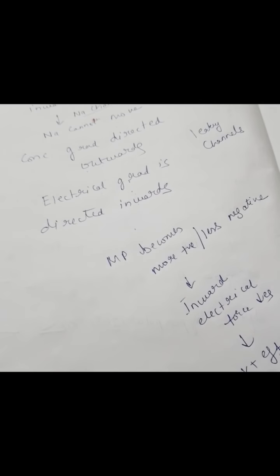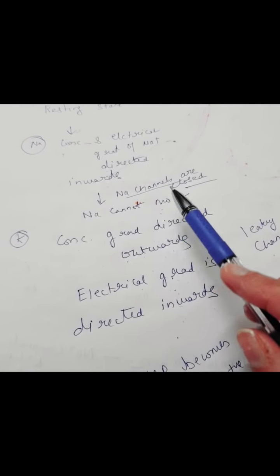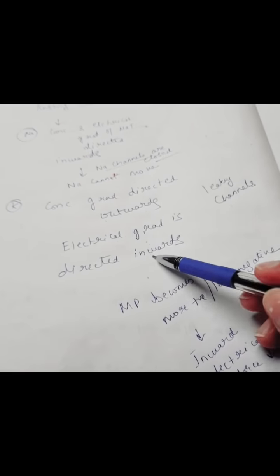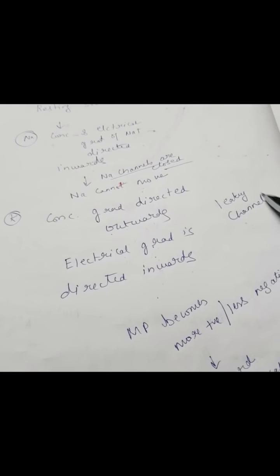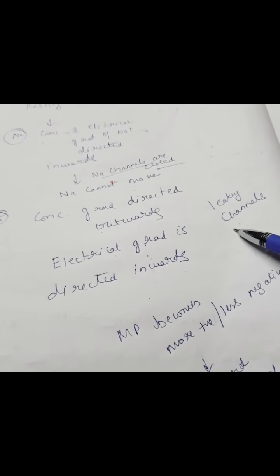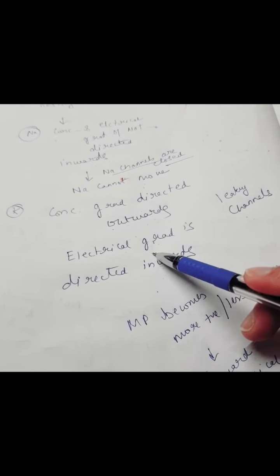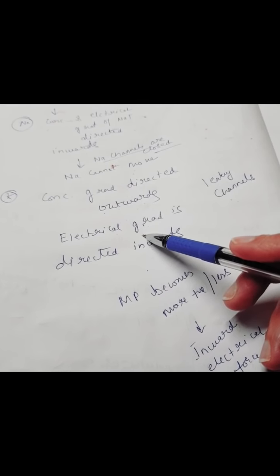Okay, so at rest, no potassium movement. At rest, there is no sodium movement because the channels are closed. At rest, there is very little potassium movement through the leaky channels because the concentration gradient and electrical gradient cancel each other out.